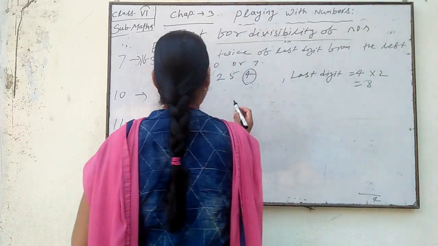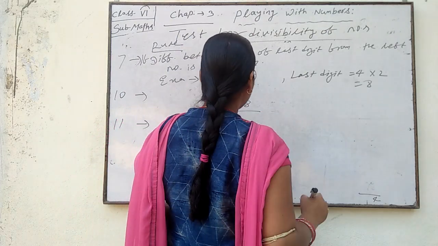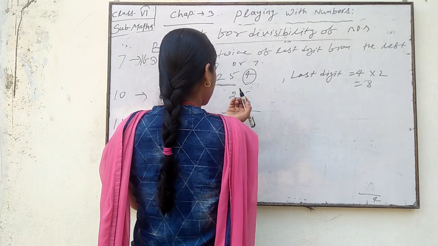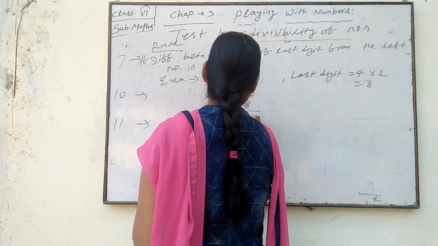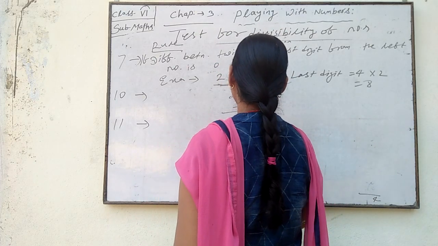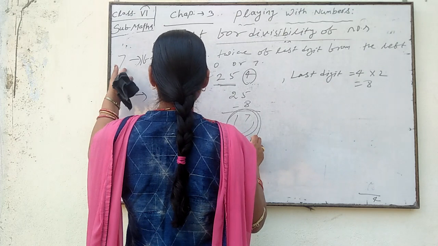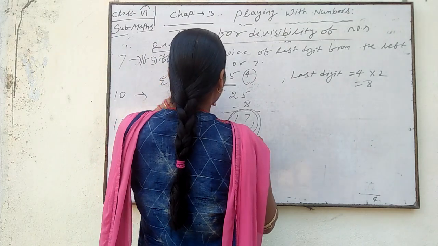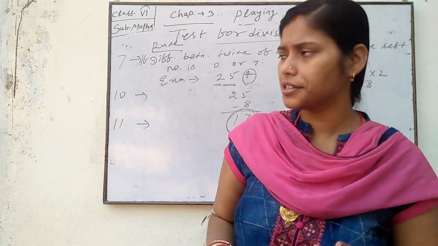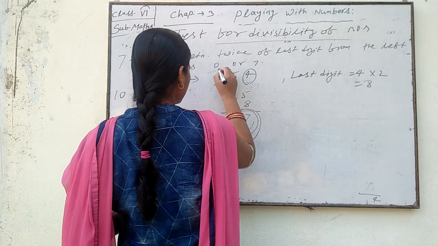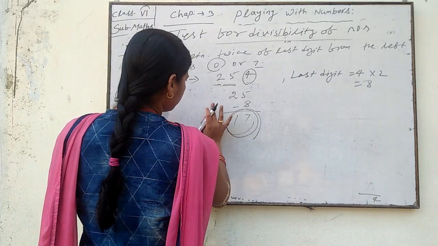On the left number, it means 25 minus 8, 17. Is 17 divisible by 7? No. So 254 is not divisible by 7, because the difference is not 0 or a multiple of 7. So this is the rule for 7.